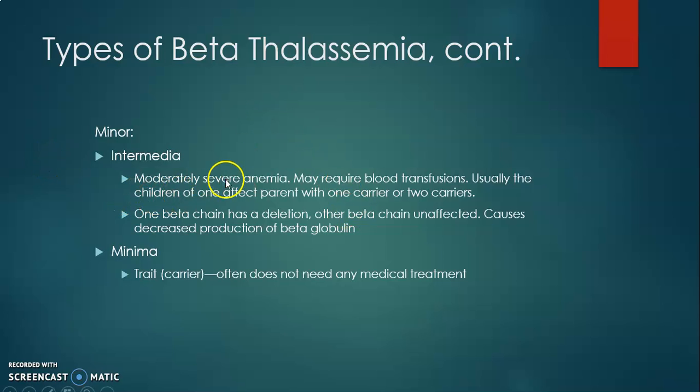This only affects one beta chain rather than both beta chains. So this causes a decreased production of beta globulin, but not completely absent production like the other one. This may require blood transfusions, it may not, it just depends on how severely affected the individual is. And then there's the minima, which is just like the trait. Sometimes these children are affected, but more often than not, they don't really require any medical treatment.